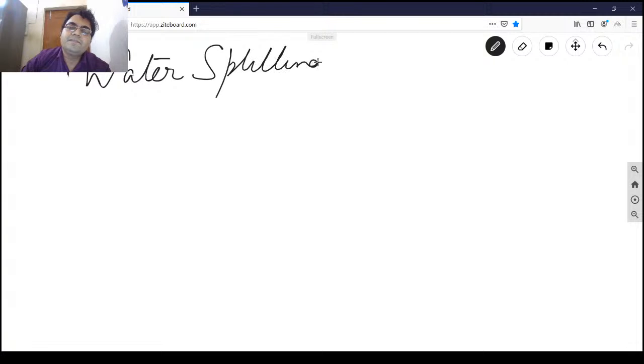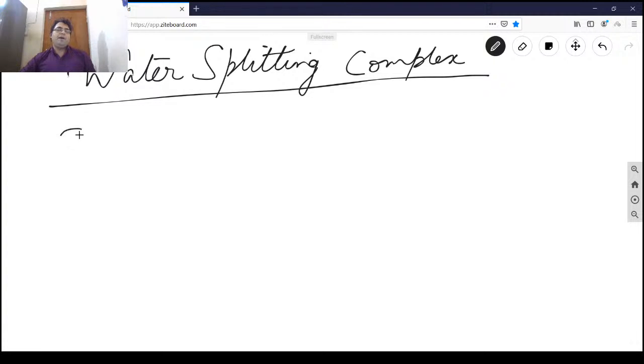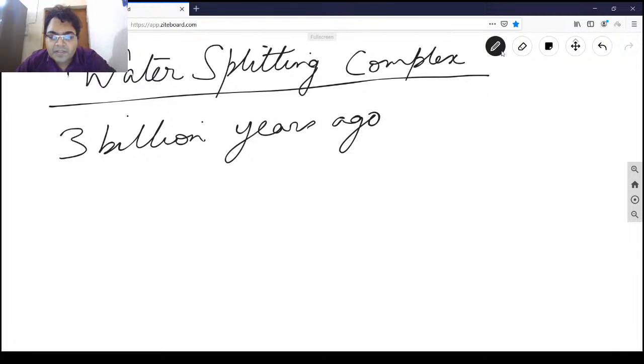About 3 billion years ago, what happened was the evolution of primitive photosynthetic bacteria, which are the progenitors of the modern cyanobacteria or blue-green algae.